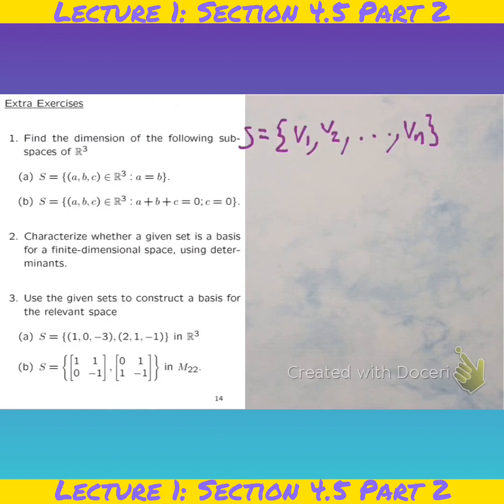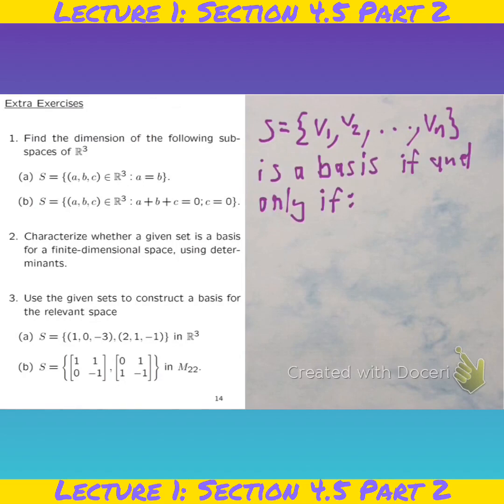Right, so there we've got our set. And when is that set a basis? It's a basis if and only if S is linearly independent. That's all I need to check, because it's finite dimensional.